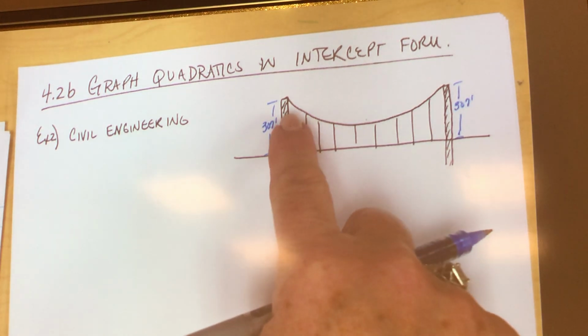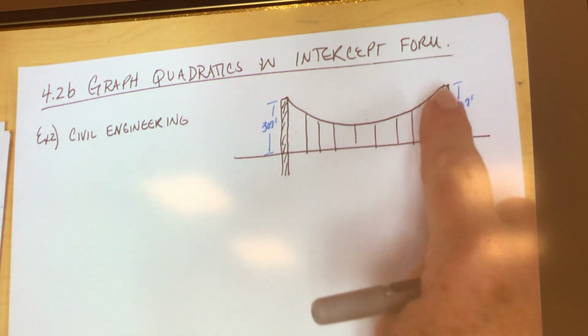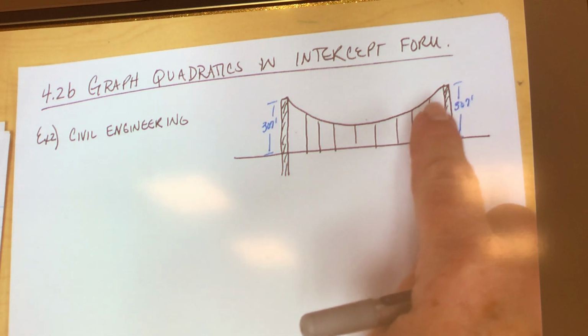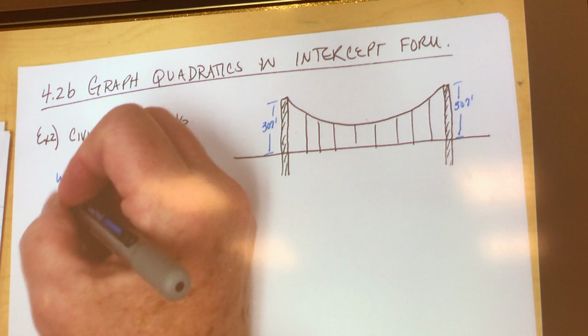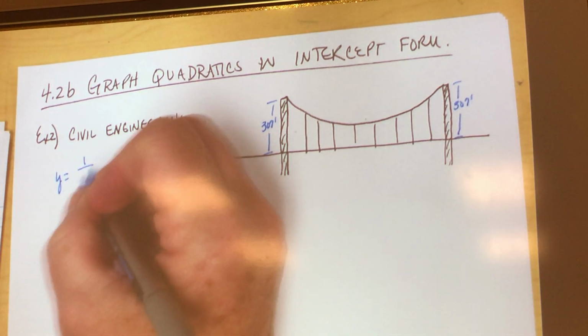So it's giving me a model, a function that models this cable. What does it look like it's making? What is that called? A parabola. Okay? A parabola. And here's the equation. Y is equal to, now this is real life. Is this going to be a pretty equation? No. No, it's not. Okay? So 1 over 7,000.